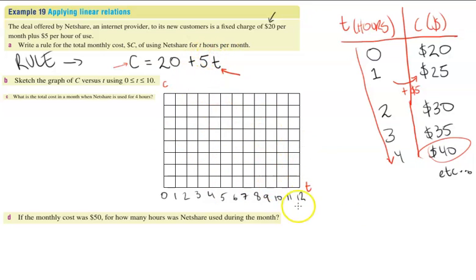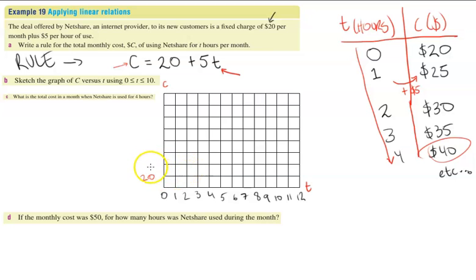It's going to be 5 times 12, which is 60, plus 20, which is 80. Now, I'm not going to go up to 80. In this case, all I want to do is make sure that these increments go up by $20, because we do need a starting value of 20 based on the fact that we need to represent 0 hours.